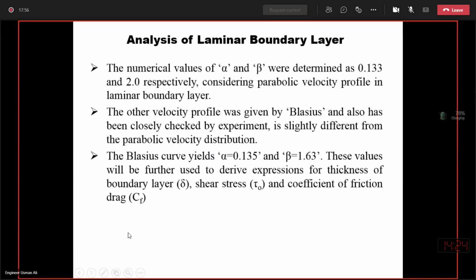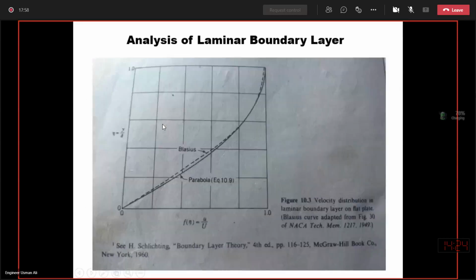Now for this, we have to consider the profile of the boundary layer within the plot between y over del, which is eta, and the function of beta, which is u over capital U. So there are two possibilities in this. One is that the velocity distribution or velocity profile within the boundary layer is parabolic.